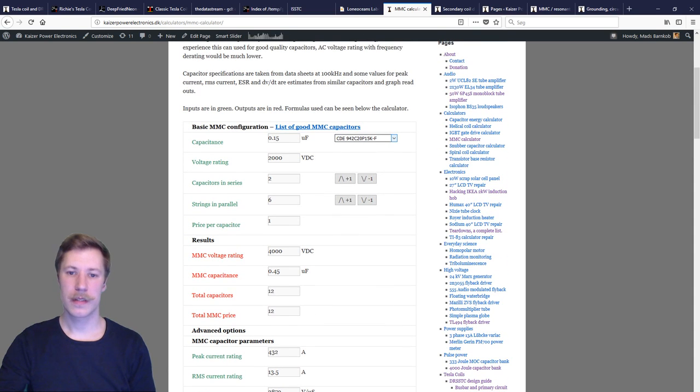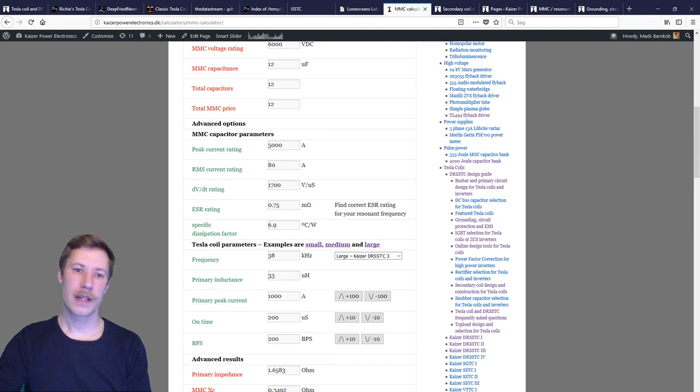And there is a list of different capacitors that are proven in the community. So if we take the large DTO snubber capacitors that I use in mine, it is simply a matter of clicking up and down on these buttons. We can see the voltage rating, the MMC capacitance, and so on.